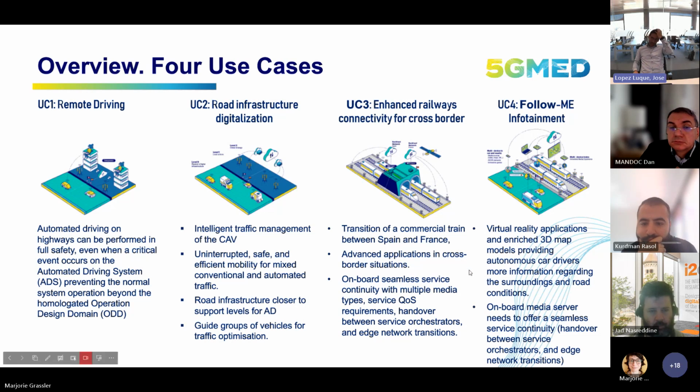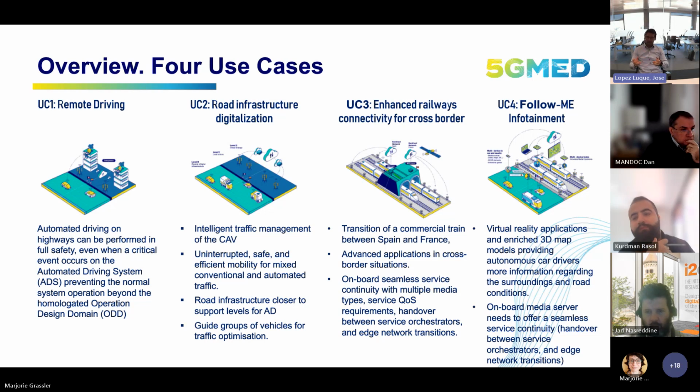And last, use case 4, it's called the infotainment use case. And this is both for the railways and for the automotive sector. Basically here we can share entertainment applications. We can watch a video on Netflix, for example, while we are in the car, together with a friend that is at home sitting on the sofa, and we are totally synchronized.